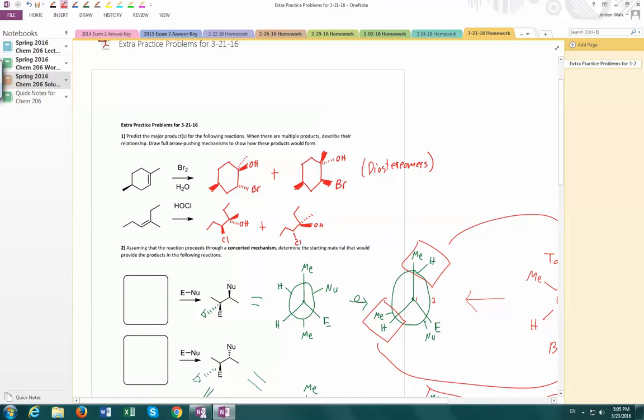And we'd have our chlorine anti there. So what's the relationship between these two? These are enantiomers. Why are they enantiomers and not diastereomers? All the chiral centers are flipped between these two, unlike the top case, where just 2 of the 3 are flipped, giving diastereomers.